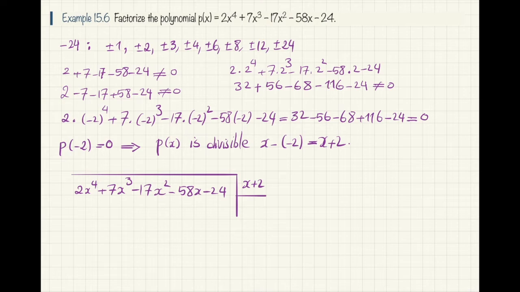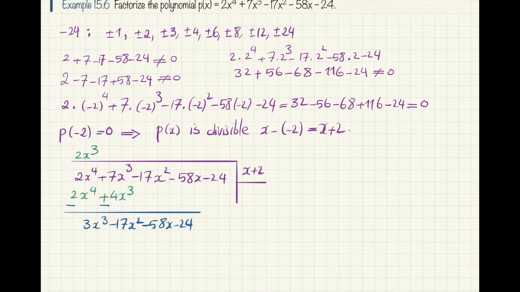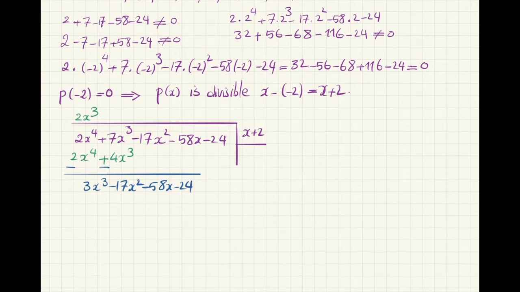Okay, so the first one is 2x to the 3, so it becomes 2x to the 4 plus 4x to the 3. I will change the signs, negative, negative, and then I will add them. So the answer becomes 3x cubed, and then I will have minus 17x squared minus 58x and minus 24.